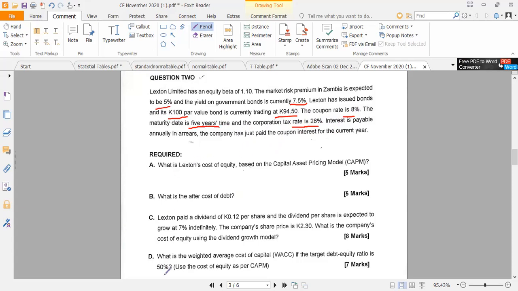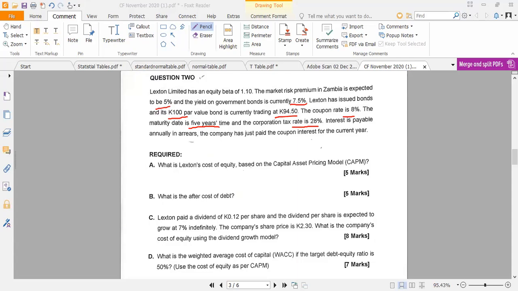We're being asked, number one, to calculate using the CAPM model the cost of equity. So what are we given under the CAPM model?